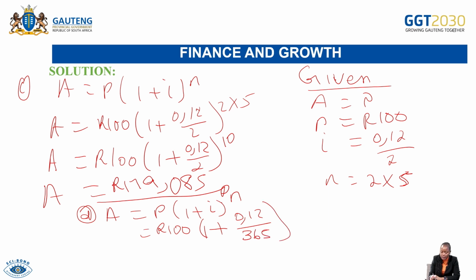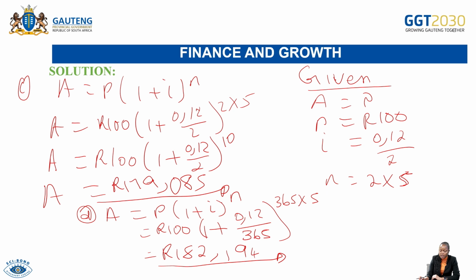You close, and then the exponent is going to be 365 times 5. So it's going to be 100 into 1 plus 0.12 all over 365, close the brackets, and then the exponent will be 365 times 5. You will get 182.194.